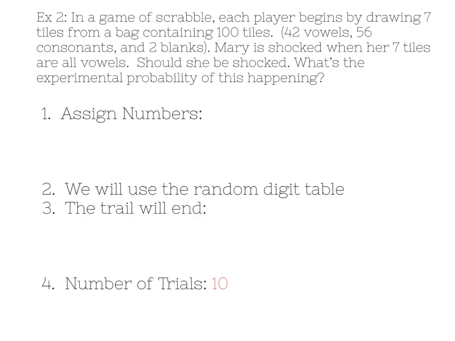Now, here, what you need to be careful of is if you have 100 tiles, you don't want to start with 1 to 100 because that's 3 digits. And on the next page, you'd have to do 3 digits. So I'm going to do 00 to 99 for my numbers. So for my vowels, I'm going to do 0 to 41 because if 0 is in there, I'm not spelling vowels correctly.